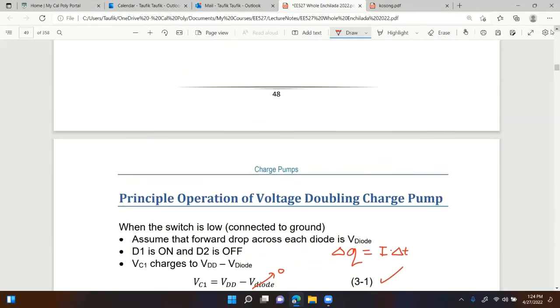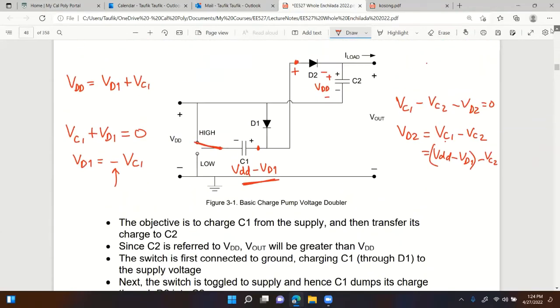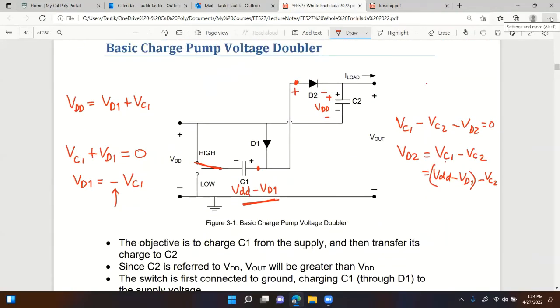So let's go back to that point right here. If I assume VD1 is 0, so that's going to be VDD minus a voltage that is less than VDD. That's why determining D2 is a bit tricky, because I have to explain what's going on with C2.